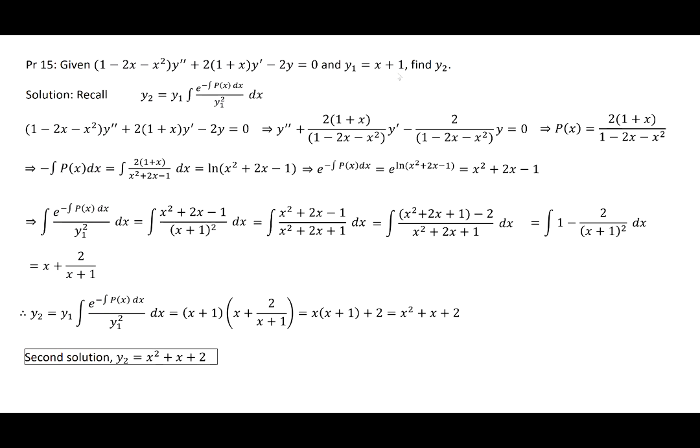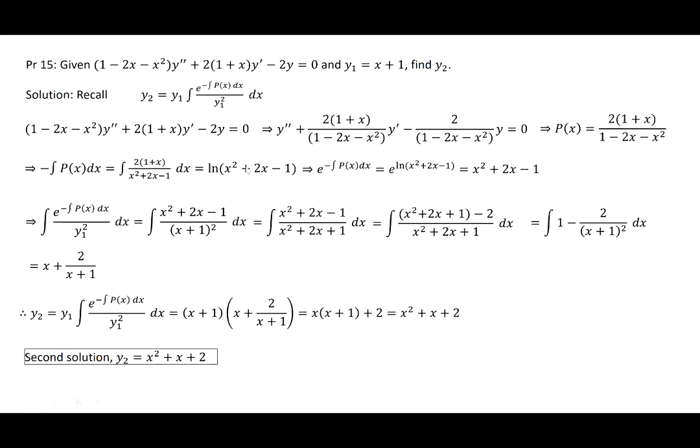Well, you didn't quite find a linearly independent solution. Yes, you did find a second solution, but it is not linearly independent of the first. And that's the insistence.